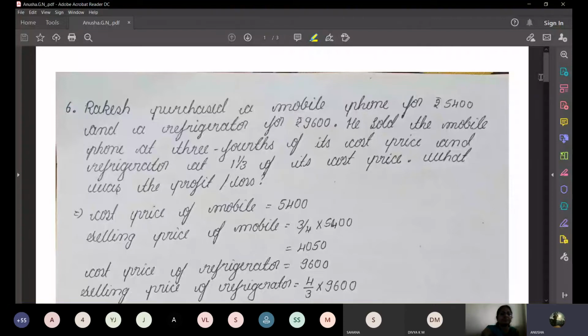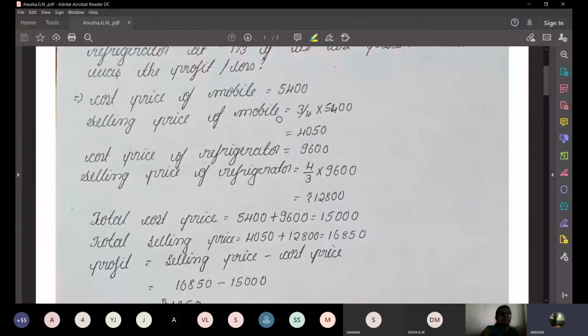So we should find out the selling price, for how much amount he will sell his mobile. We calculate 3/4 of his cost price. By solving this we get 4,050 rupees.